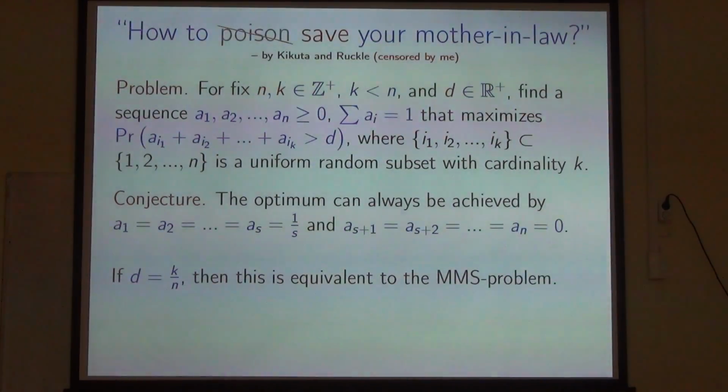You should choose a number of cookies and put the same amount of drugs in each of them, and you don't put anything in the other cookies. So in this abstract version, you have numbers summing up to 1. Choose these non-negative values so as to maximize the probability that a random k out of them sum up to more than d.